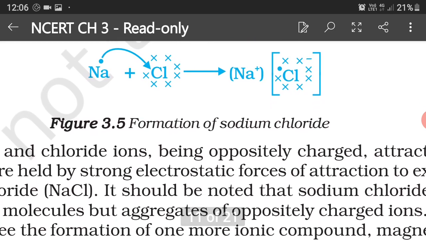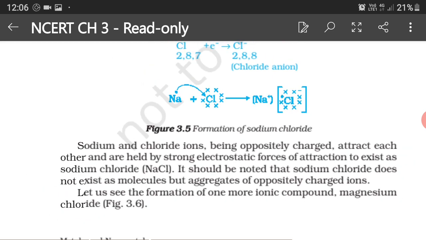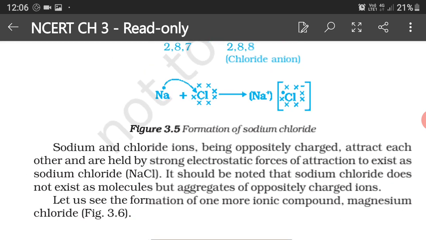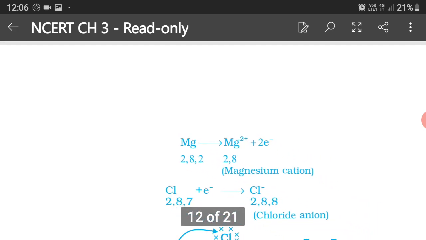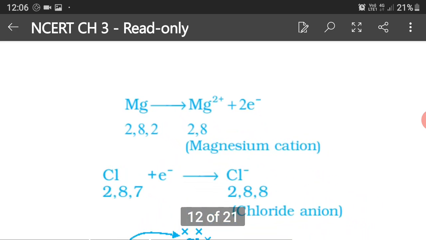Now let us see another structure, that of magnesium chloride. Now we know magnesium has the configuration 2,8,2. By losing 2 electrons, it attains stability with the 2,8 configuration. So 2 electrons are lost by magnesium.